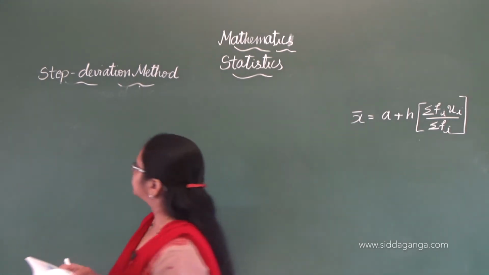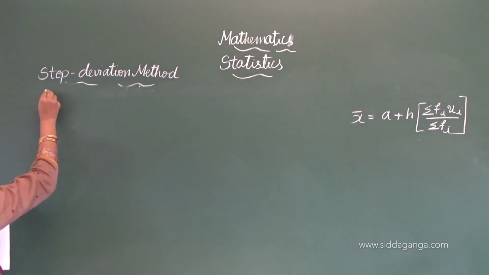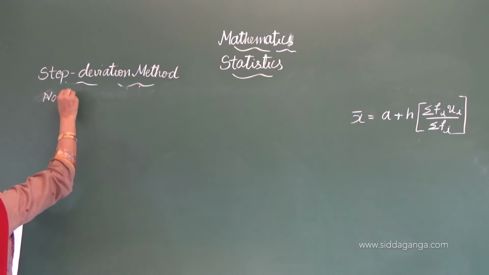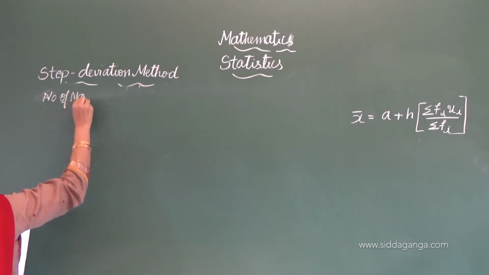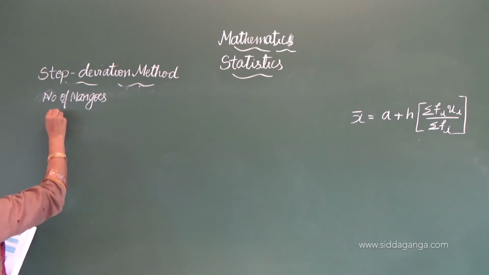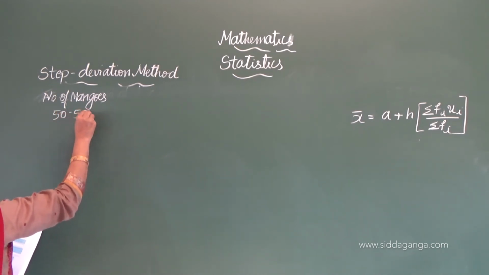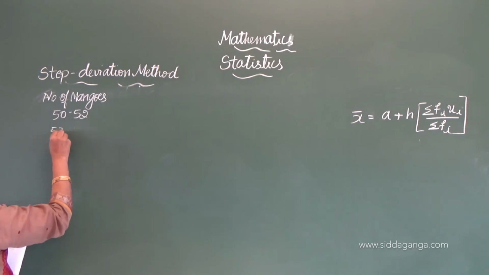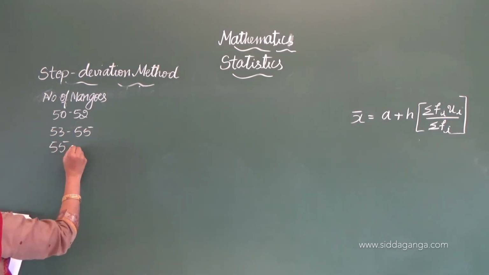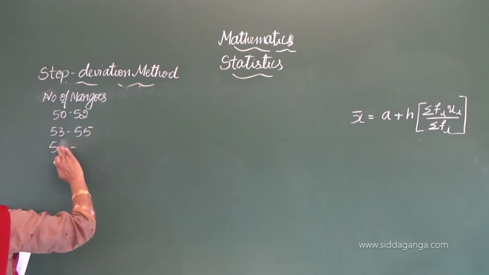So first let us write the question. This is the number of mangoes: 50 to 52, 53 to 55, 56 to 58, 59 to 61, 62 to 64.